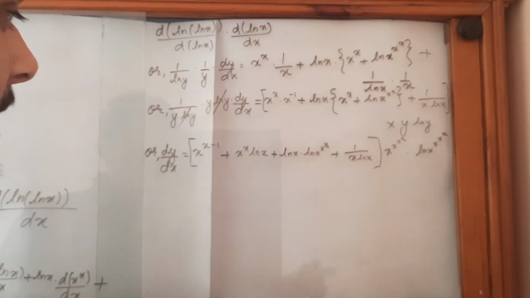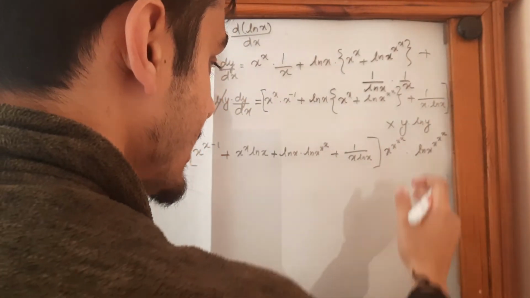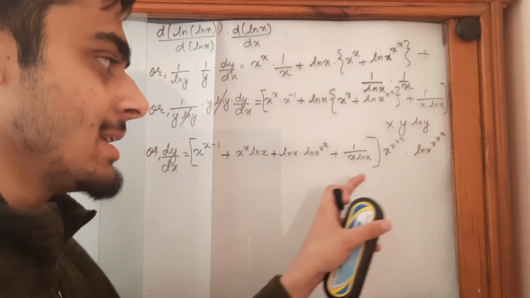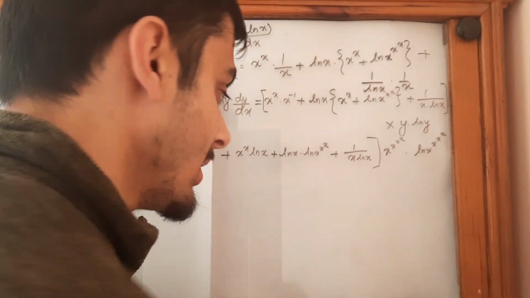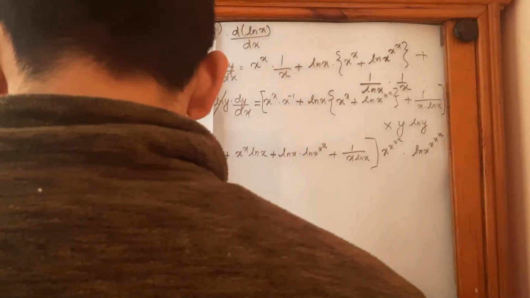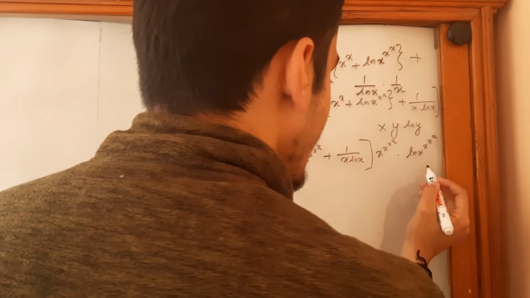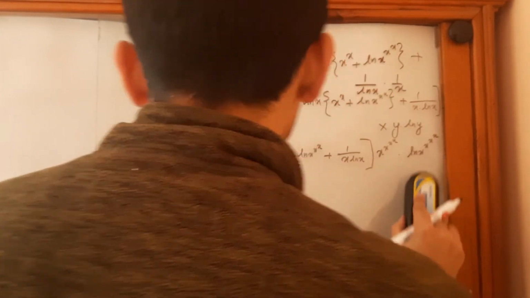So now if we want to, we can multiply this with this, or if we want to leave it as it is, it's perfectly fine. So I think it's better if we just leave it in the form as it is, or let's write this in the front. That would make more sense.